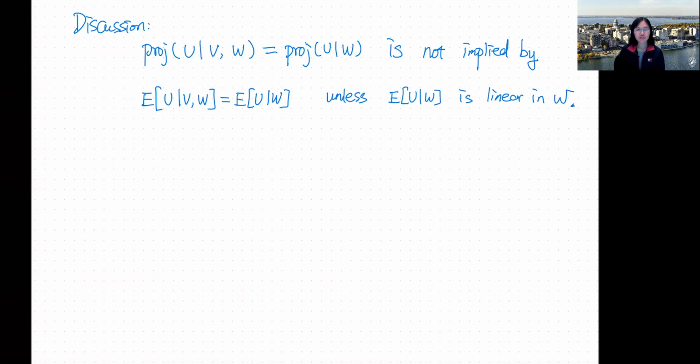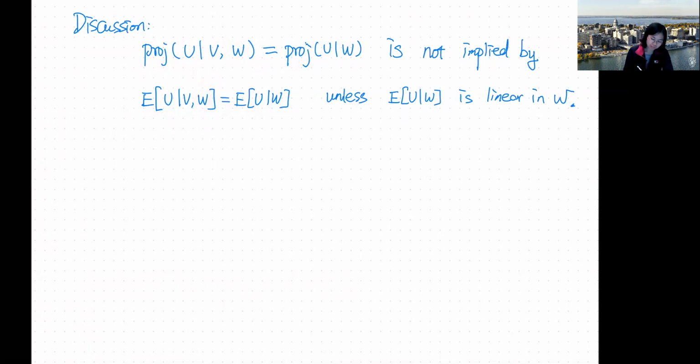Why is that so? The reason this is not implied by this is that this describes how U and V are related after taking out a linear function of W. Well, this describes how U and V are related after taking out W completely.